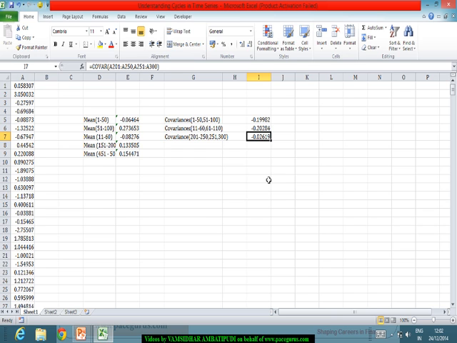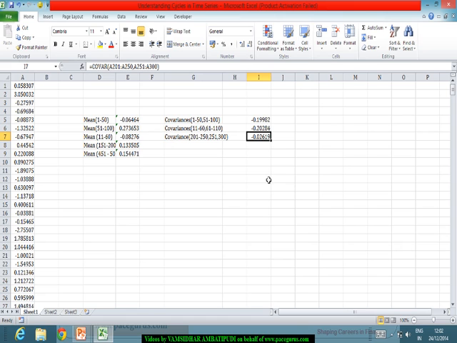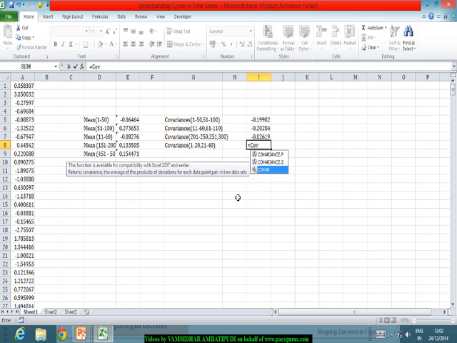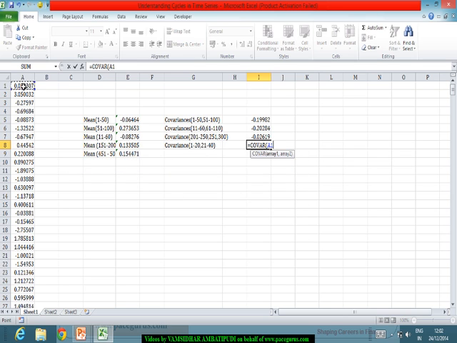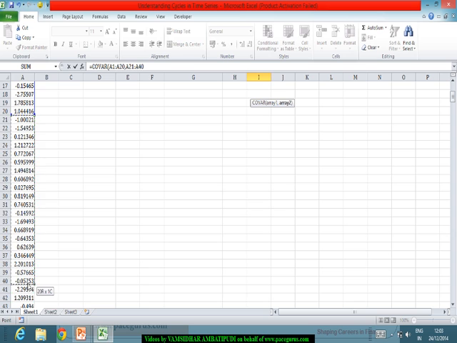Now what we are simply saying is, as long as the mean and the covariance are stable, it holds. Now I want to change things a little bit and find the covariance between 1 to 20 and 21 to 40.